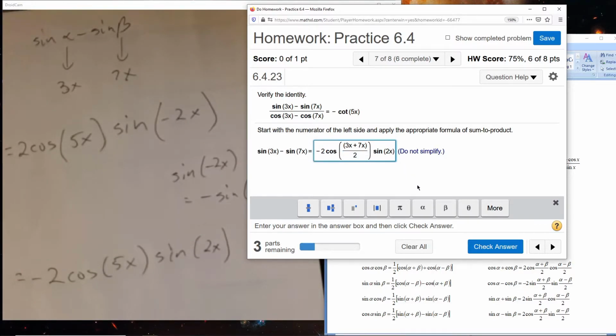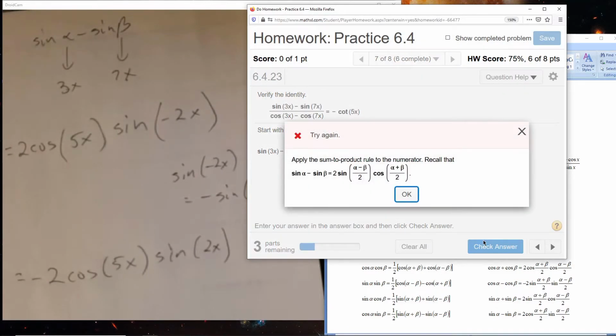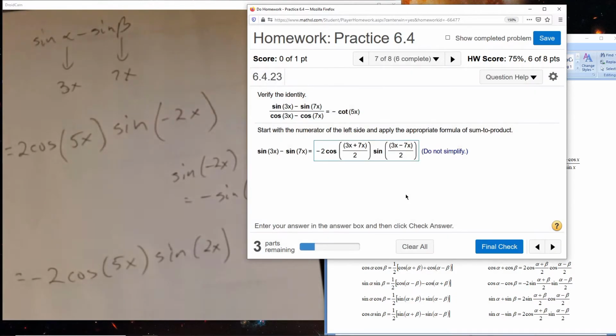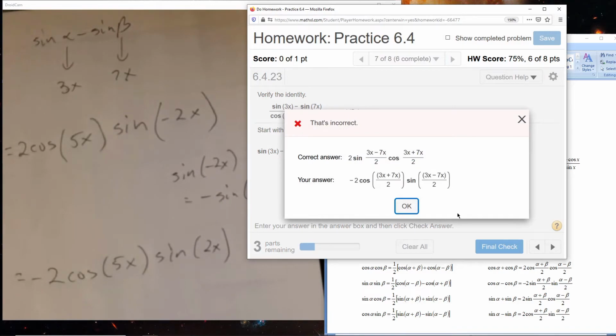And then this one, we did alpha minus beta, so oh, did I miss what do you want, MyMathLab?